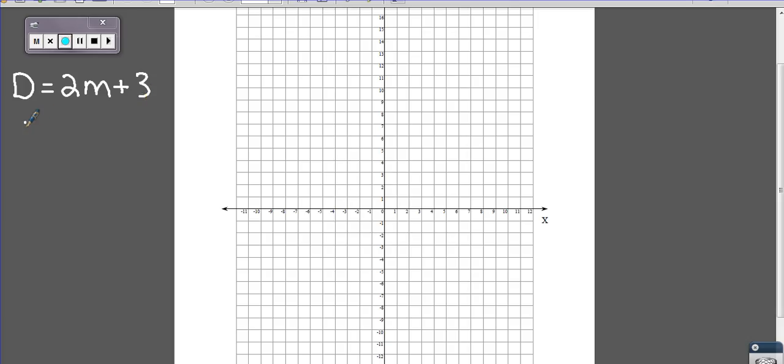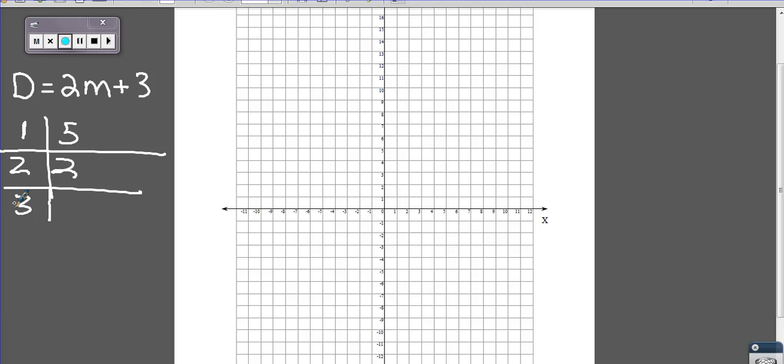So let's turn that into a chart. If you go 1 mile, how much money is it going to cost you? It's going to cost you $5. If you go 2 miles, how much is it going to cost you? That would cost you $7. 2 times 2 plus 3.